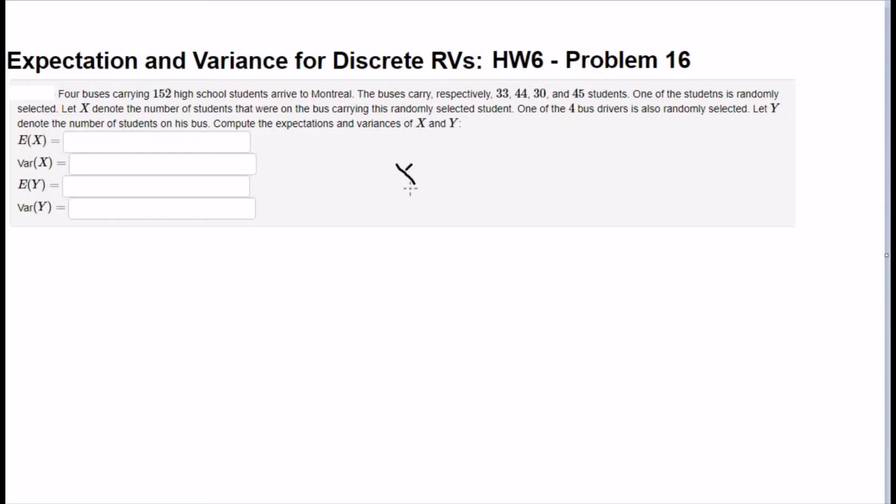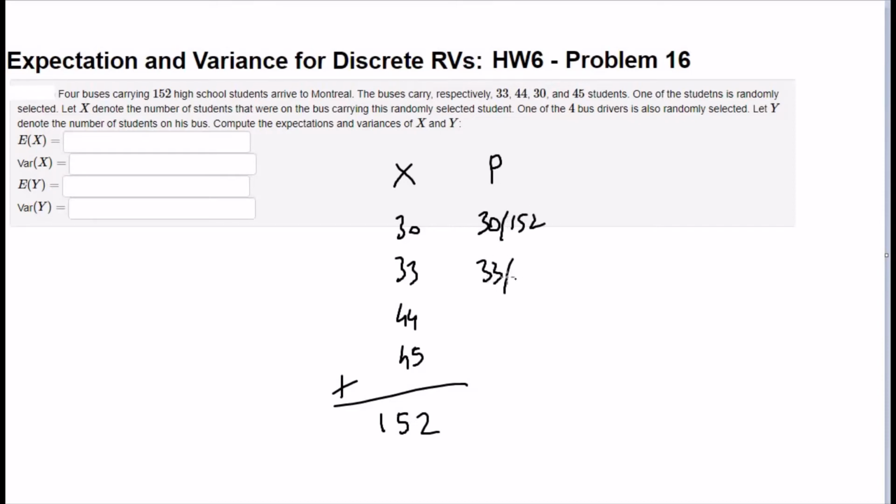So for random variable X, we have 30, 33, 44 and 45 students. Total 152 students. And the probability for this is 30 out of 152. And the probability for this is similarly this.